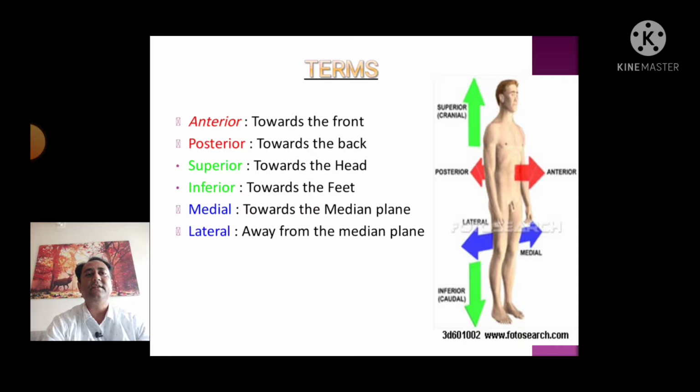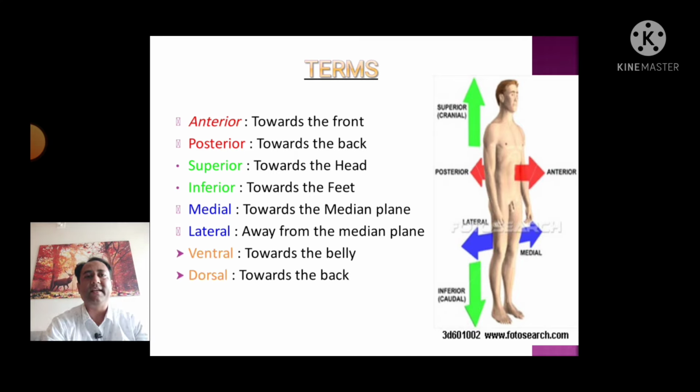Medial means towards the median plane. The median plane was here, if you remember in the previous slide, in the center. So towards the median plane is called medial, and away from the median plane is called lateral. Medial, lateral, medial, lateral, like that.